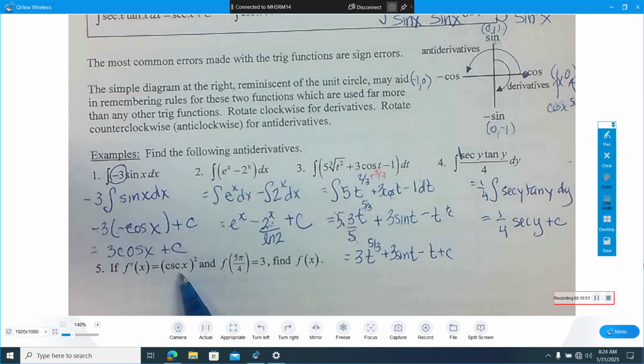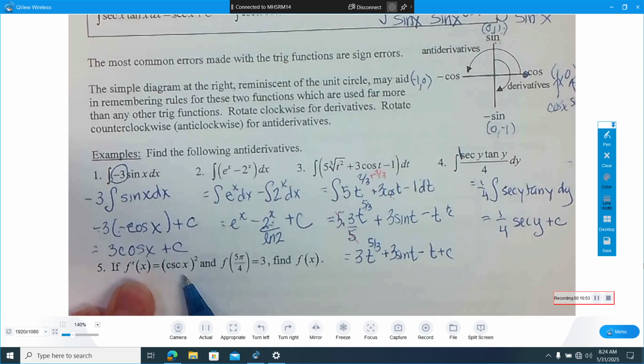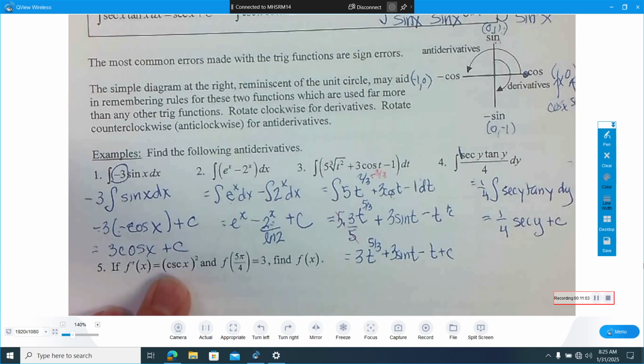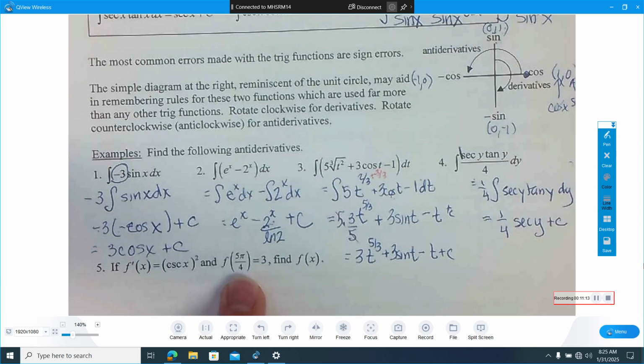All right, and then here, what are they giving us? They're giving us f prime of x, so they're giving us a derivative. And this is cosecant squared of x. You'll notice he used old school notation, which I like so much better. And they gave us an x and a y for the original function.